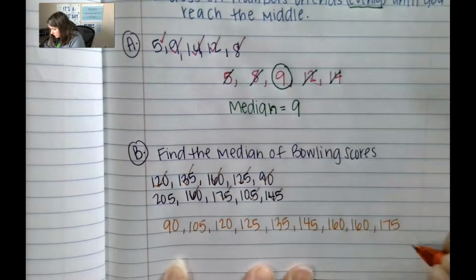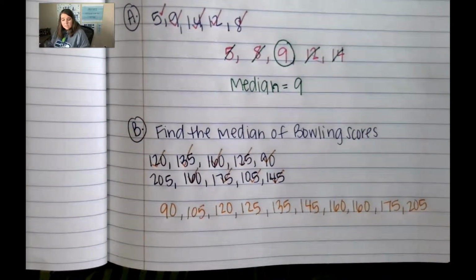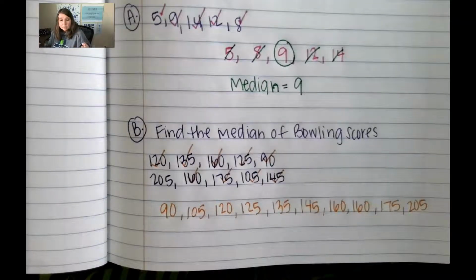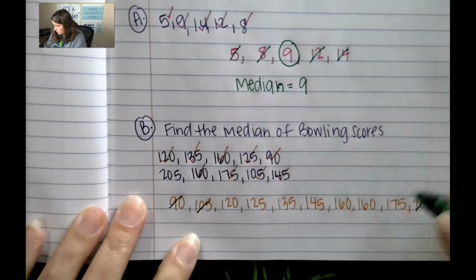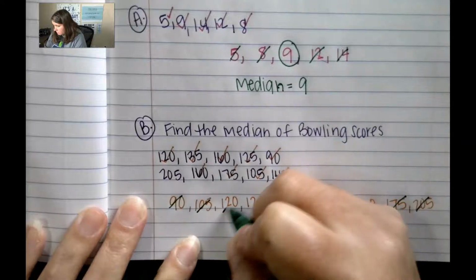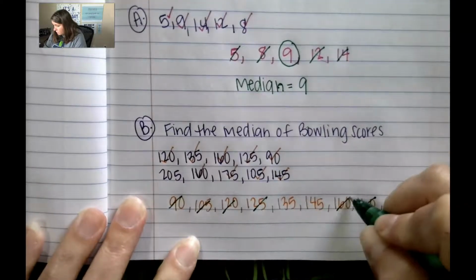And last but not least, 205. Okay, so now our job is to cross these off evenly until we reach the middle. So 1, 1, 2, 2, 3, 3, 4, 4.